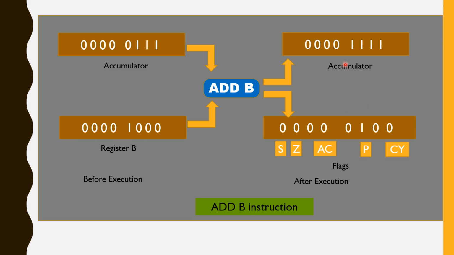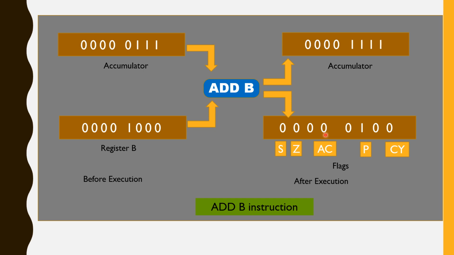Now here the accumulator does not contain all zeros, so the zero flag is reset. Now the auxiliary carry flag.